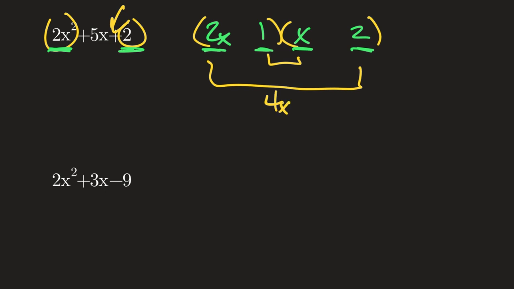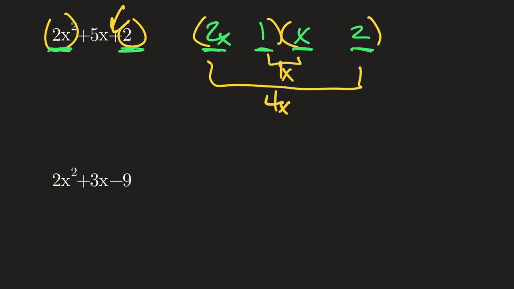What's 1 times x? 1x. Do 4x and 1x add to 5x? It does, doesn't it? 4x and 1x does add to 5x, so that means I've got the right combination of numbers here. It's the combination of that outside product and inside product that gives me that middle term.